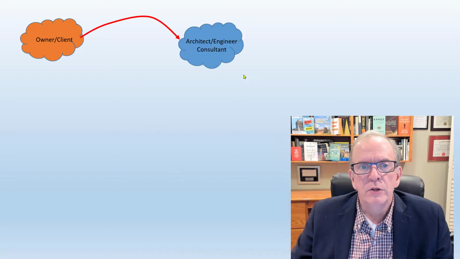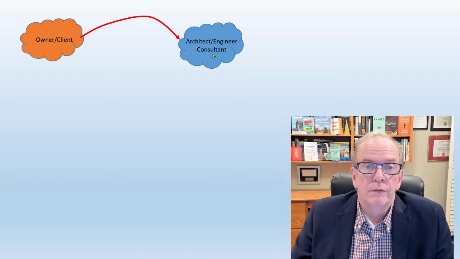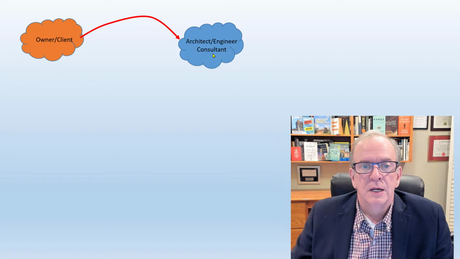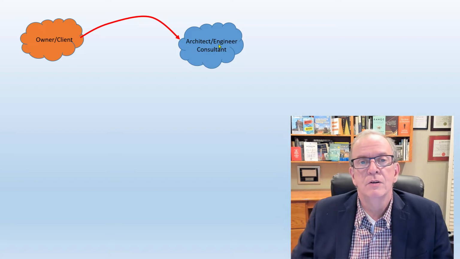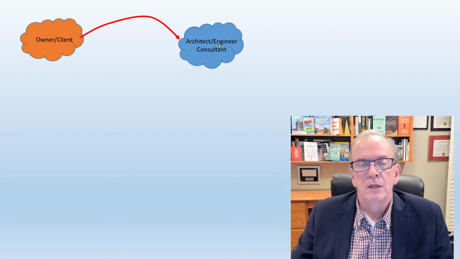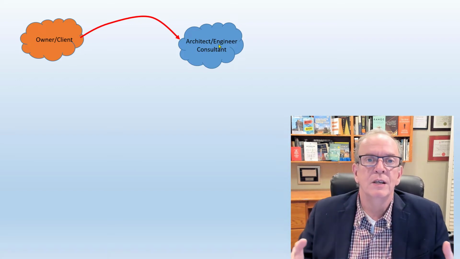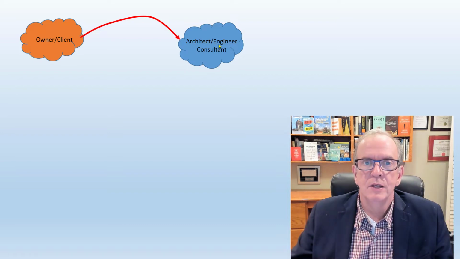So usually the next person or company that owner-client is going to contract with, it's going to be an architect or engineering consultant. We often just refer to them as consultants, but they could be an architect or they could be an engineer. There is a distinct difference. If you hire an architect, you're usually hiring the architect to design for your specific needs for the space that you're after.